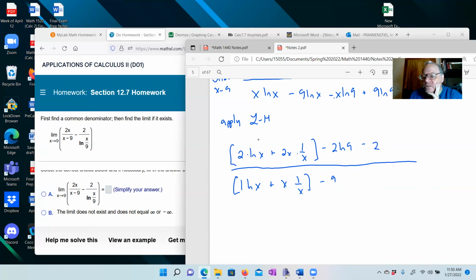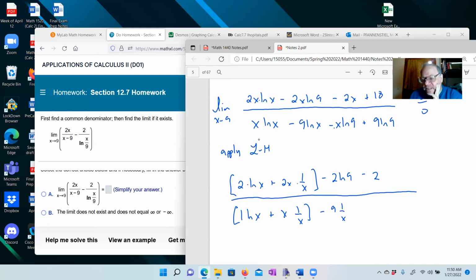Minus 9 times the derivative of natural log x, 1 over x. Minus x times a constant, so that's just minus ln 9. And then 9 ln 9, 9 natural log 9, that's a constant, so that derivative is 0. We don't need that.